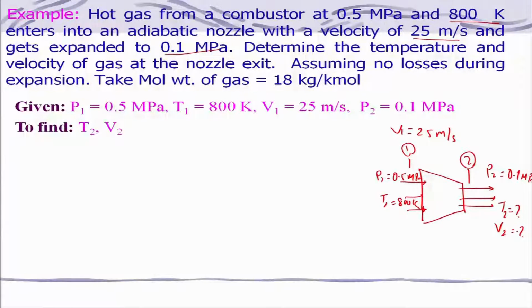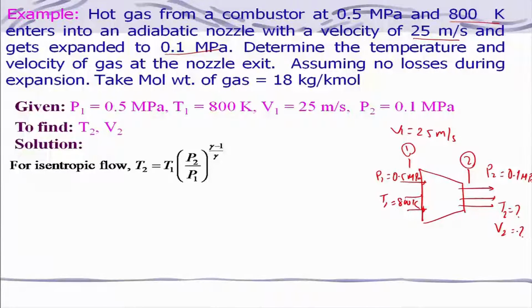We will apply the relationship we derived just now, and we assume the flow to be isentropic, because it is given that there are no losses, and also the nozzle is adiabatic, so the heat transfer is 0.